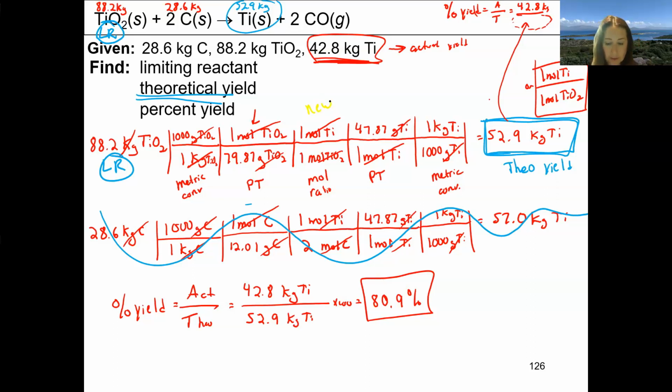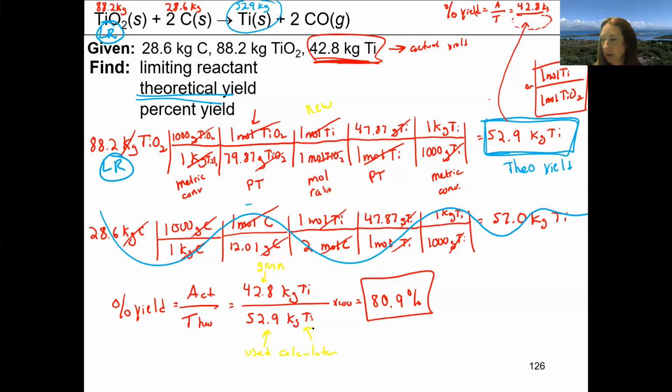Our mole ratio, our percent yield, again, this is our actual yield, which is always given to you, right? I always say if you used your calculator, that was your theoretical yield, right? The actual yield's always given to you.